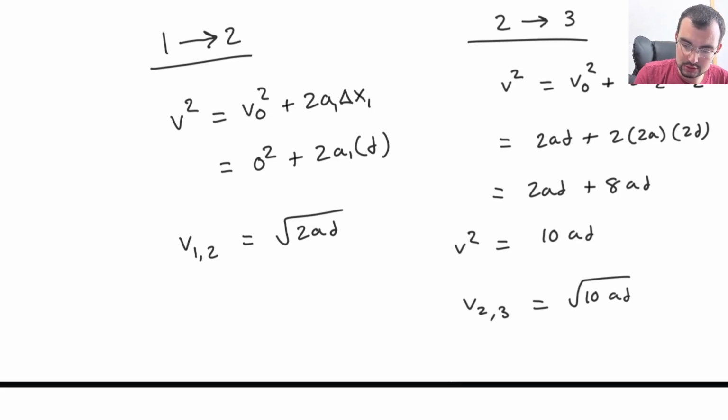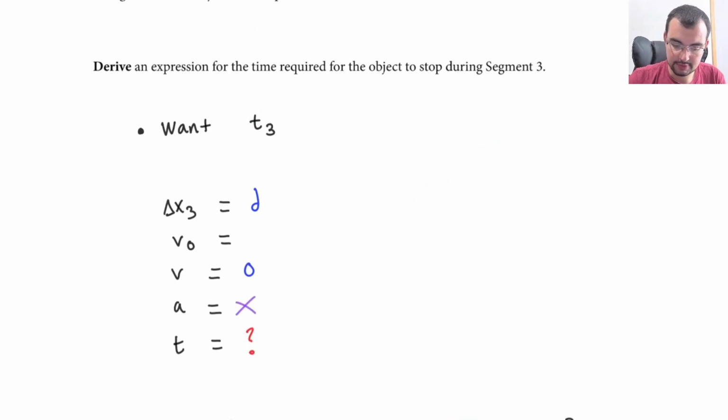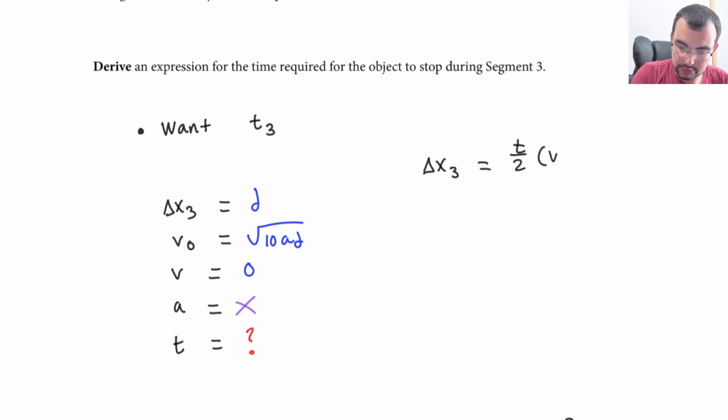So notice this is just sort of a chain here. So now we go all the way here, just to say that v0 is square root of 10ad. And now we just pick a kinematics equation to use. Well, acceleration is missing. So we want to find time. So missing acceleration means we're looking at this one. Delta x equals t over 2 times v0 plus v.